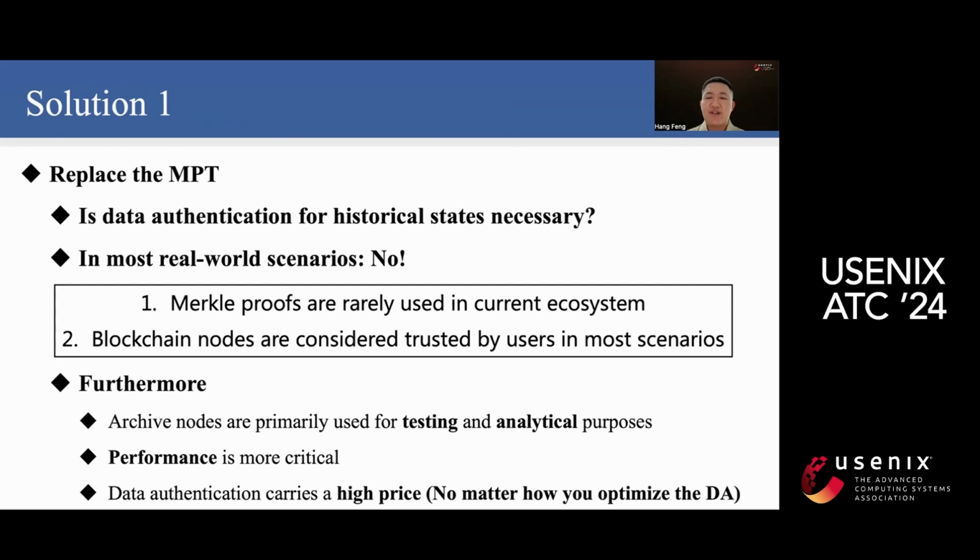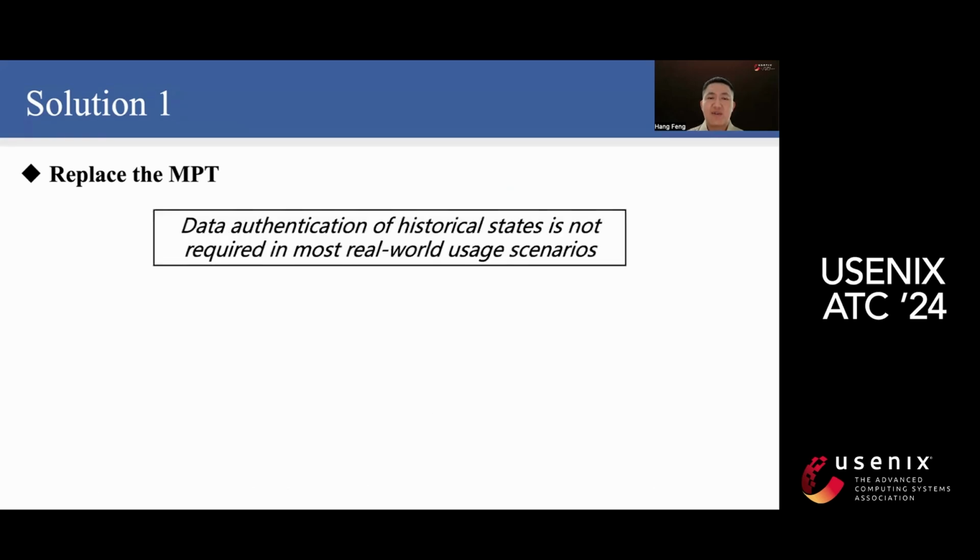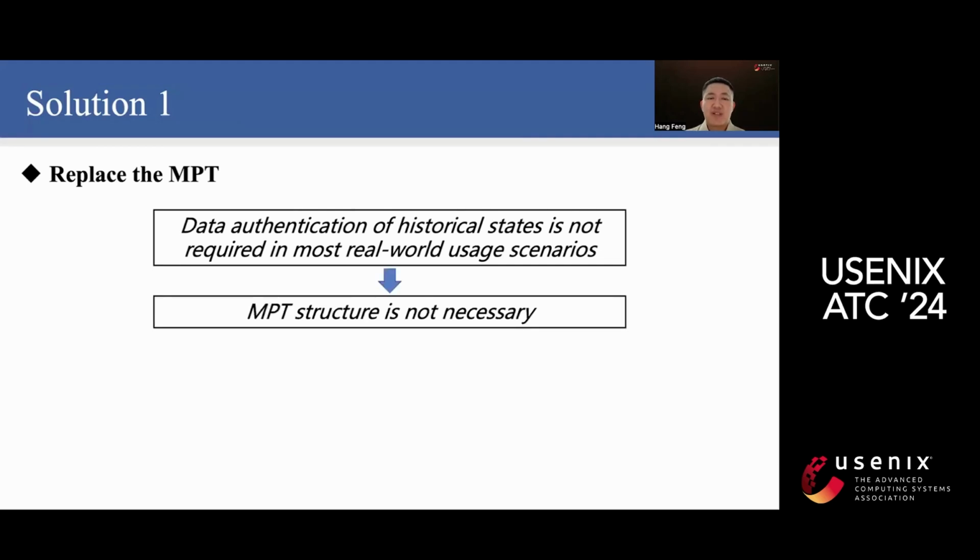However, no matter how you try to optimize the data authentication mechanism, it still carries a high price. Thus, in most real-world usage scenarios, the data authentication of historical states is not required, which means in these circumstances, the Merkle Patricia Trie structure is not necessary.